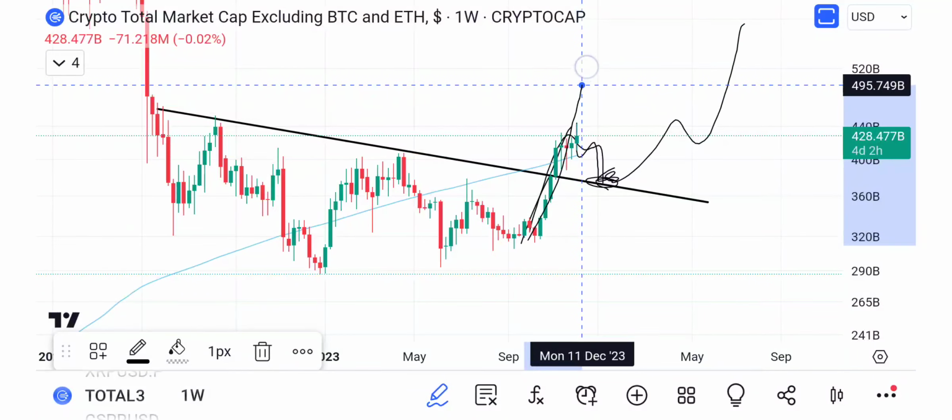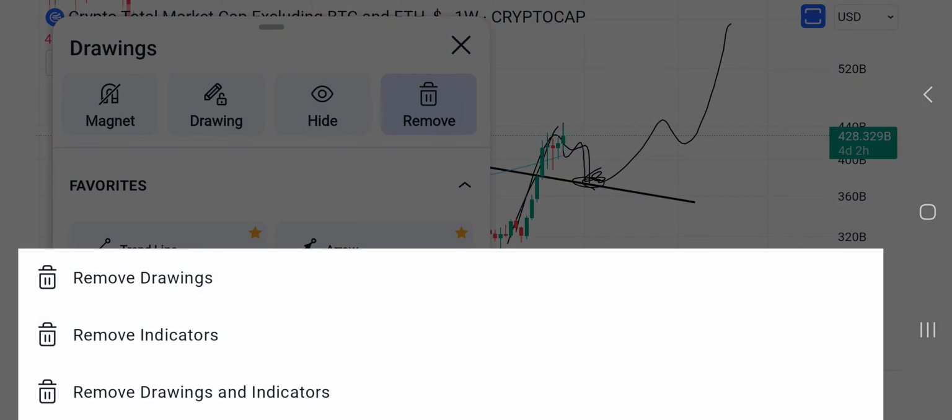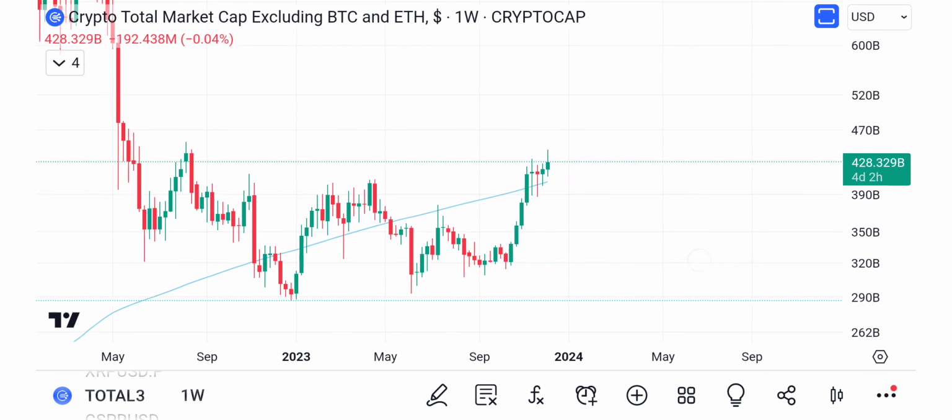Because remember, nothing goes up in a straight line. Now, I'm not saying that's going to happen, right? Remember, none of this is financial advice. I could be totally dead wrong on everything I say. This is just my opinions, my speculation, and this is what I do for a living.